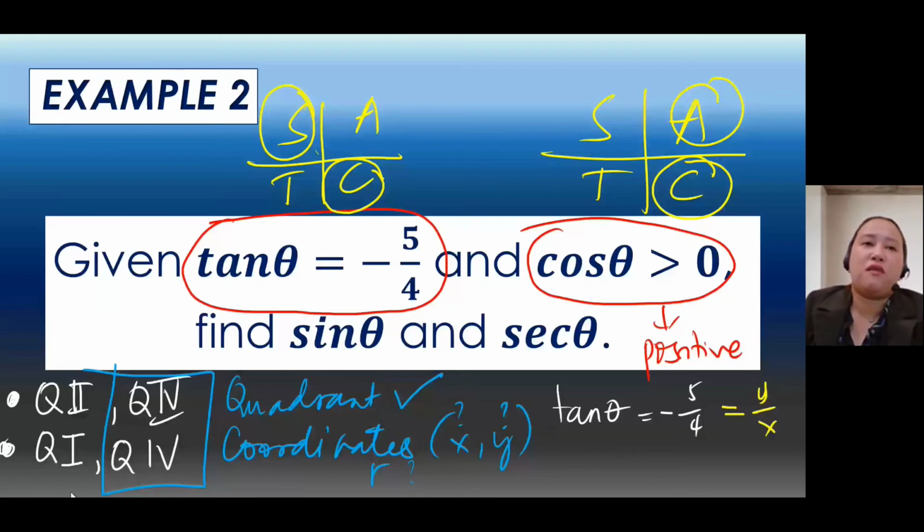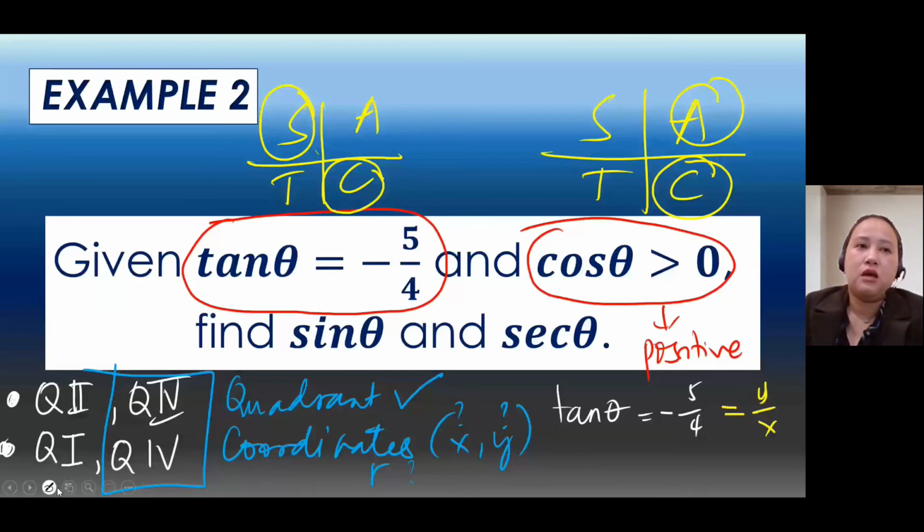Remember that the point can be located at the fourth quadrant. If you remember our discussion a while ago in which I showed you the quadrants, a point can be on quadrant 1, quadrant 2, quadrant 3, and quadrant 4.